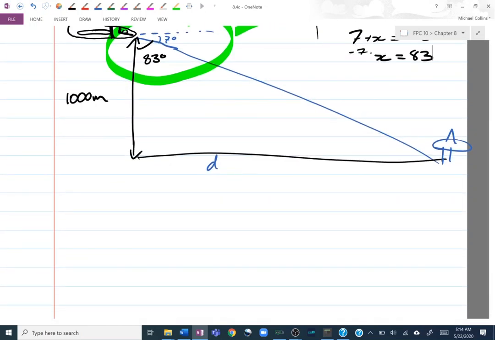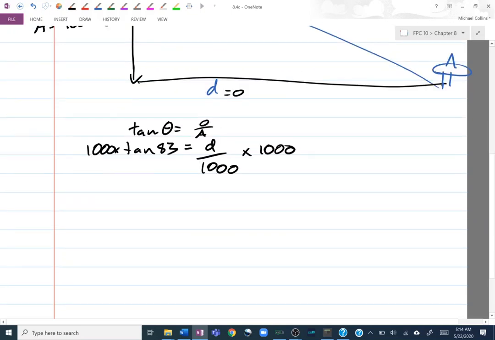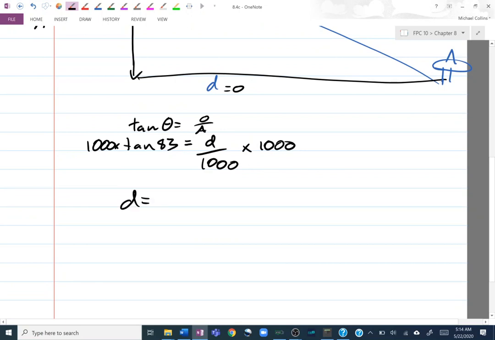Again, I'm dealing with an opposite and an adjacent, so I'm going to use tan. Tan of theta is equal to opposite over adjacent, so the tan of 83 is equal to the opposite, which is d, over the adjacent, which is 1,000. I can multiply both sides by 1,000, and I end up with d is equal to 1,000 tan 83.